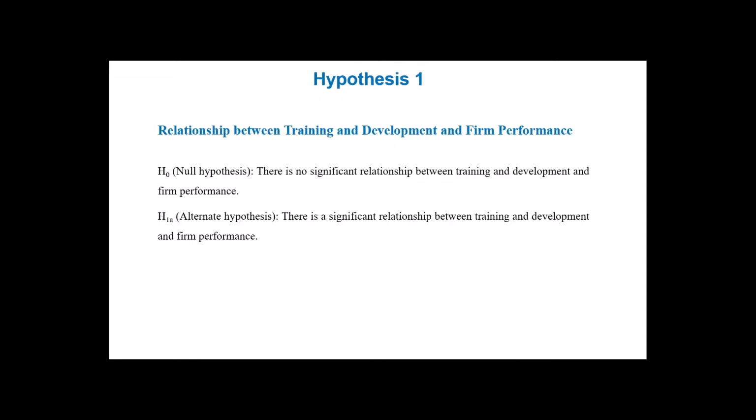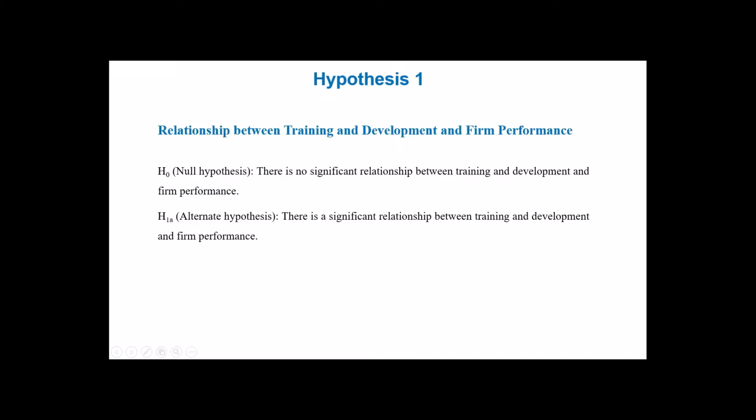The alternative hypothesis is that there is a significant relationship between both of them. We are going to test our data on this hypothesis. If we have a significant result, then we can reject the null hypothesis, but if we do not, then we do not reject the null hypothesis.